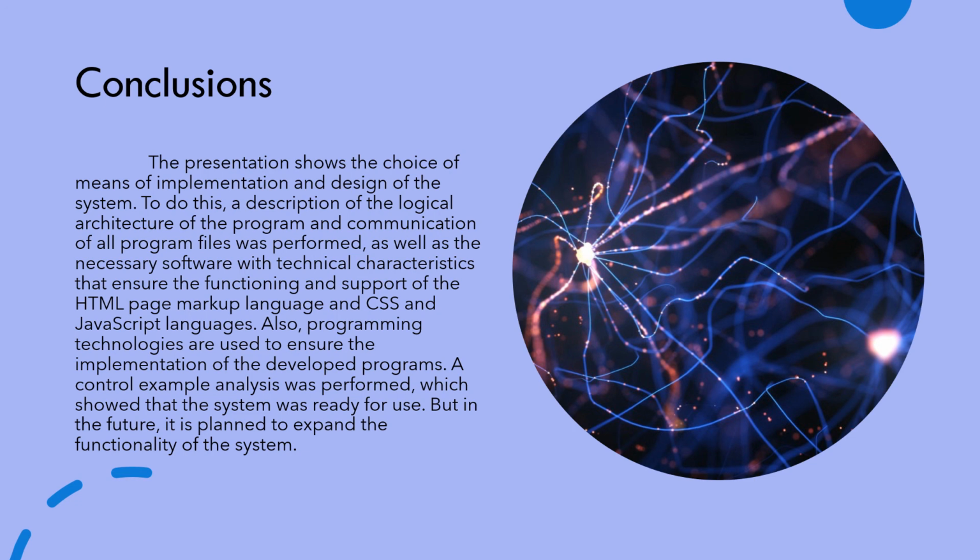Also, programming technologies are used to ensure the implementation of the developed programs. A control example analysis was performed which showed that the system was ready for use, but in the future it is planned to expand the functionality of the current system.